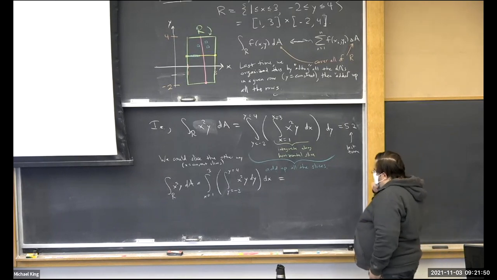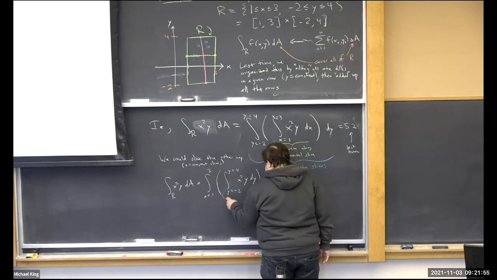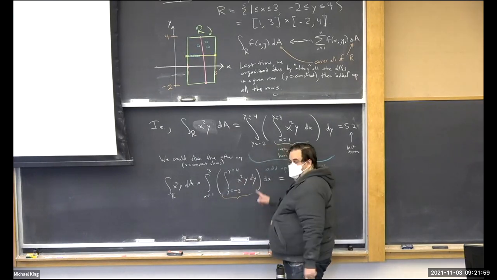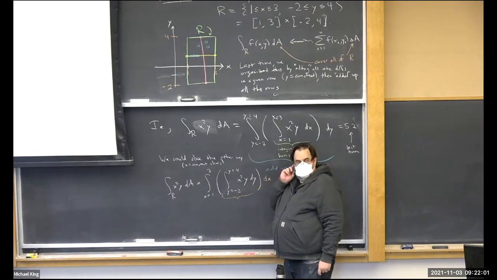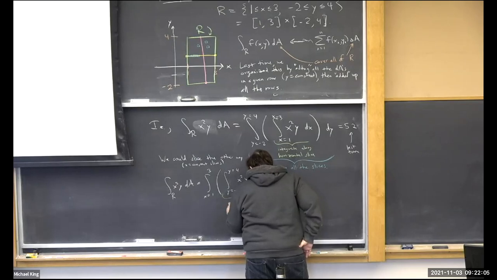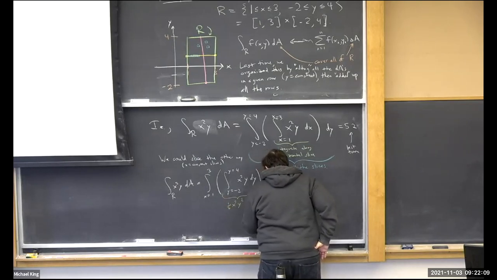So remember what we do is we start from the inside integral. We could say, well, okay, we're treating x like a constant, right? We integrate with respect to y. It's like partial integration kind of. And so this is what, 1/2 x squared y squared from y equals -2 to y equals 4.